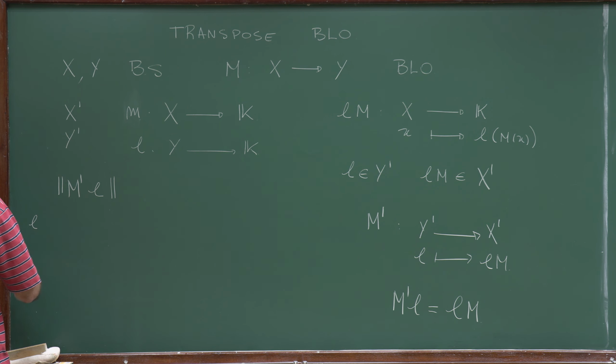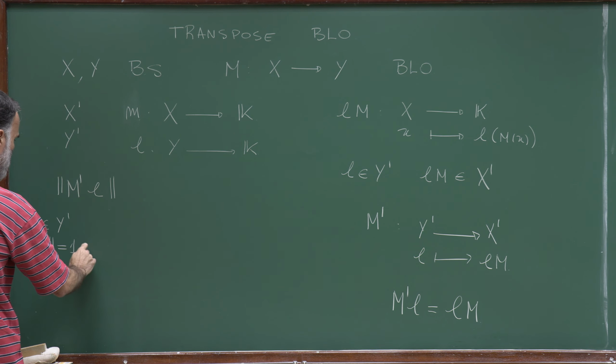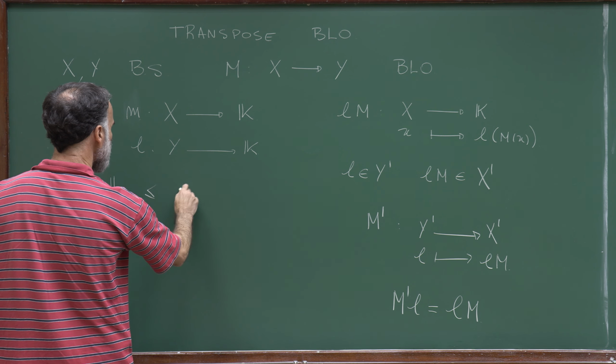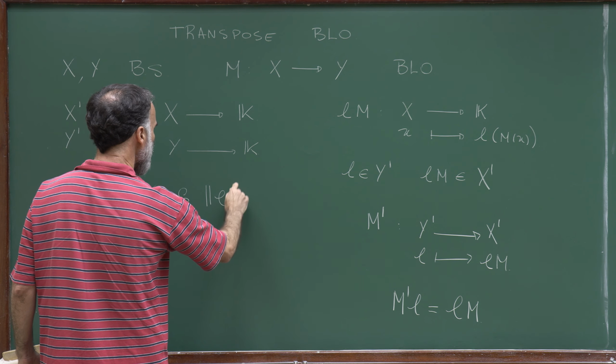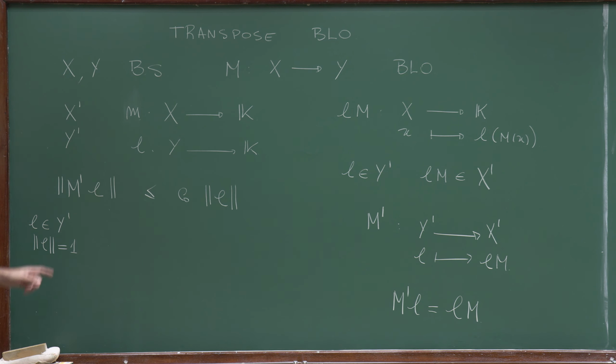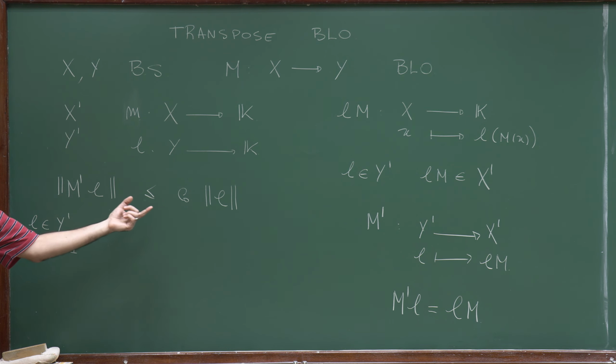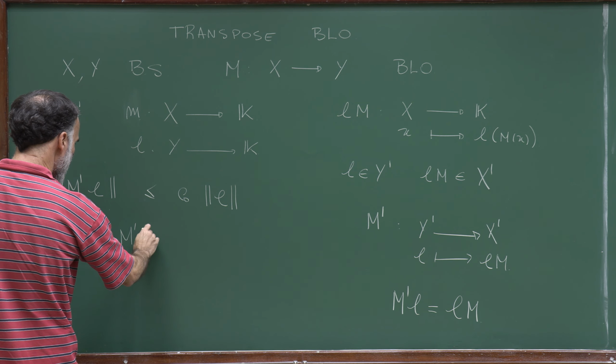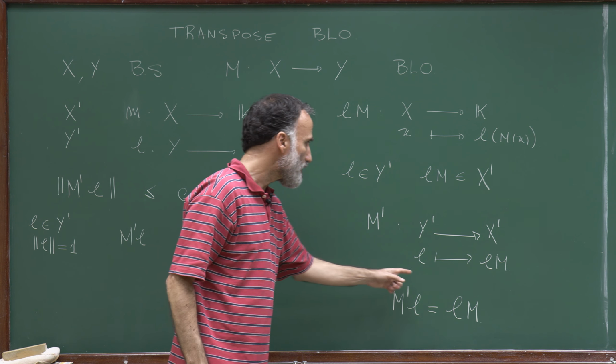I fix L in Y prime with norm equal to 1. And I want to show that the norm of M prime L is bounded by a constant times the norm of L. So that this will prove that this operator M prime is bounded. So M prime L is an element of X prime.